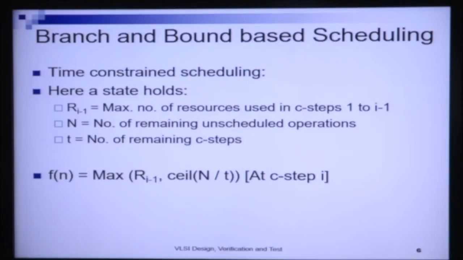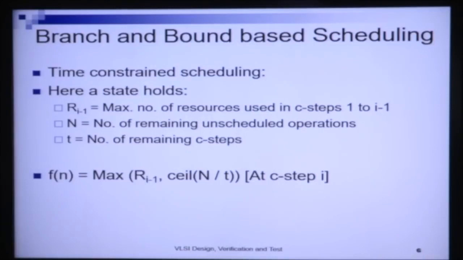So what is my pruning function here, Fn? I will first start with a very crude pruning function. A very crude pruning function here would be the maximum of R i minus 1, which means the maximum of the number of resources that I have already used in any of the prior time steps from i equal to 1 to i equal to i minus 1.